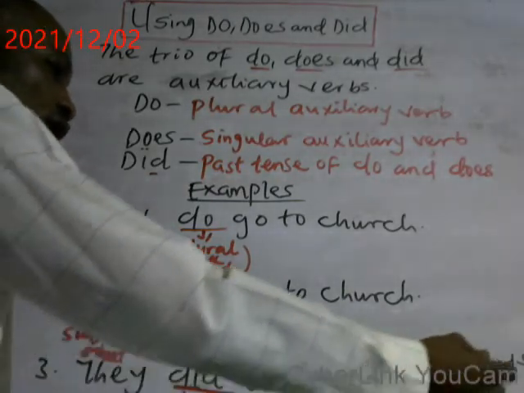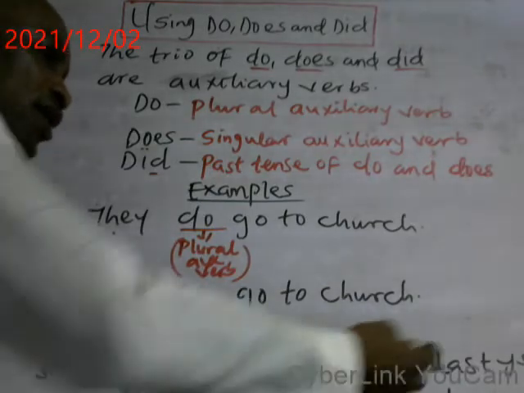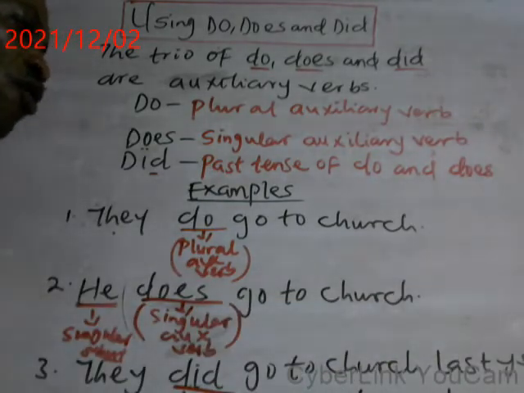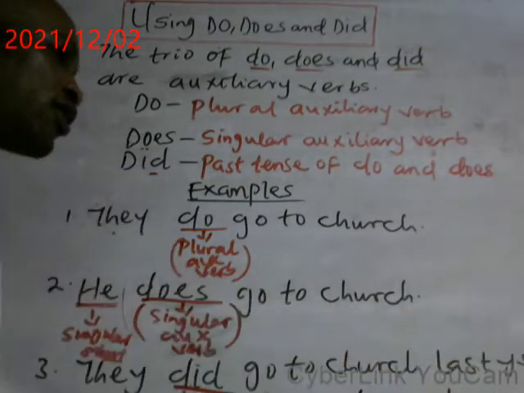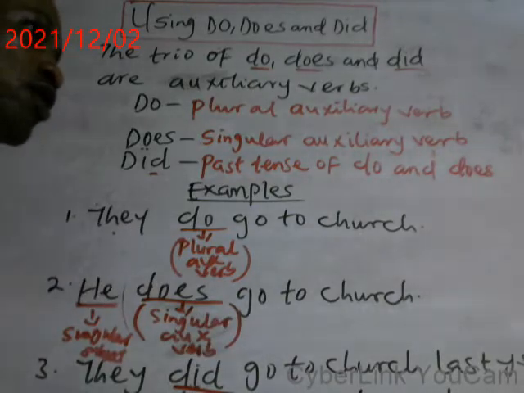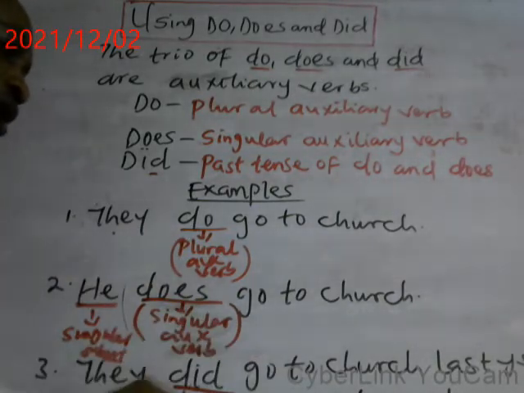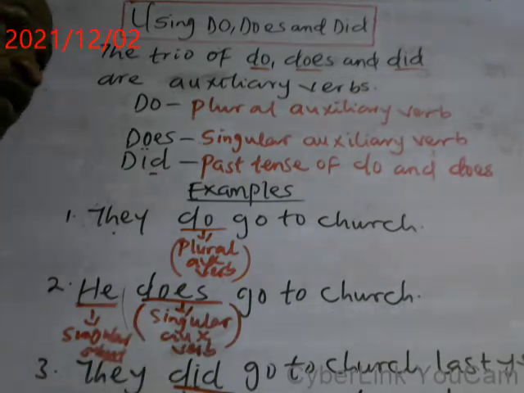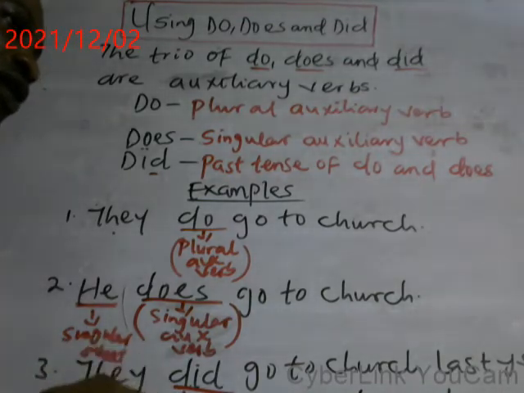Look at what I did here. Last year. Whoever comes across this sentence will surely know that the action I'm referring to in this sentence has happened in time past. Don't just write past tense verb in English language, then you leave it as such.